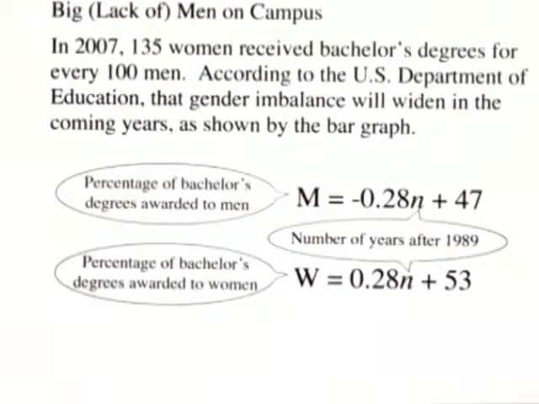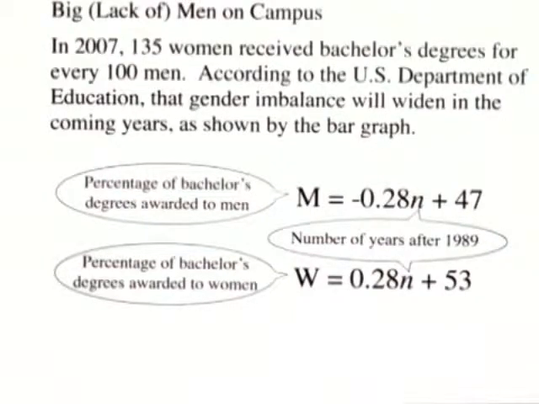M represents the percentage of bachelor's degrees awarded to men, and it's given by negative 0.28n plus 47. Whereas W represents the percentage of bachelor's degrees awarded to women, and it's given by 0.28n plus 53.